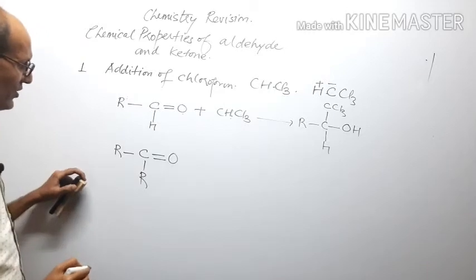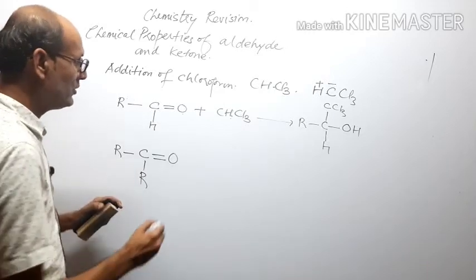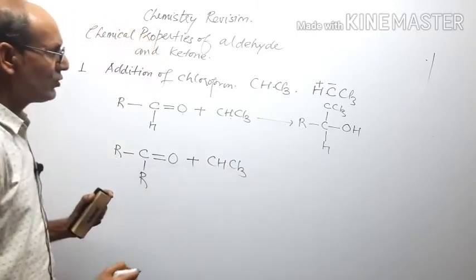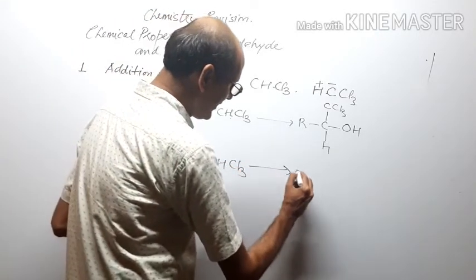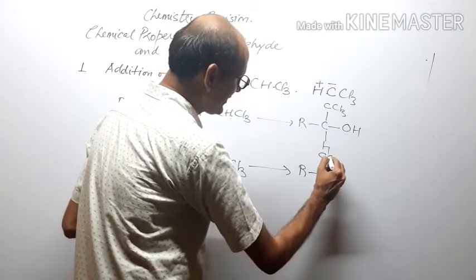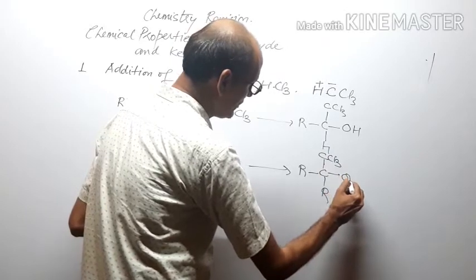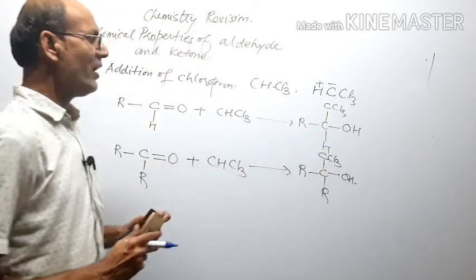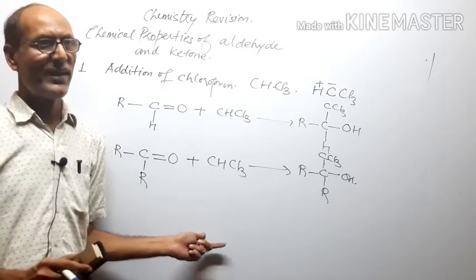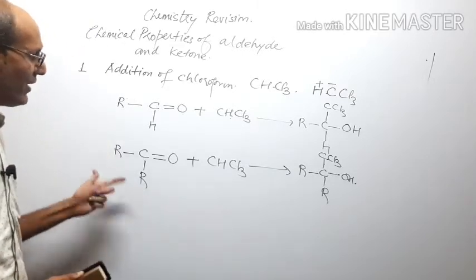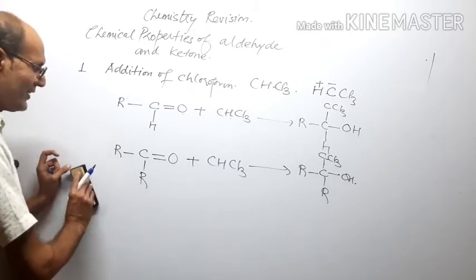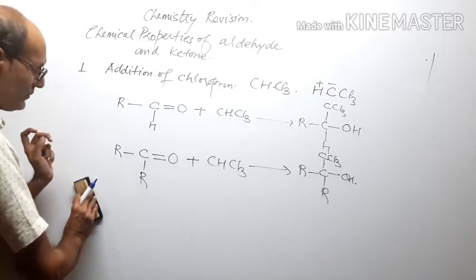R-C-R plus CHCl3. So you will get R-C(R)(CCl3)-OH. All the aldehydes and all the ketones show this reaction. So you can write so many examples of aldehyde and ketone. I am writing some examples of addition reaction, that means addition of chloroform.